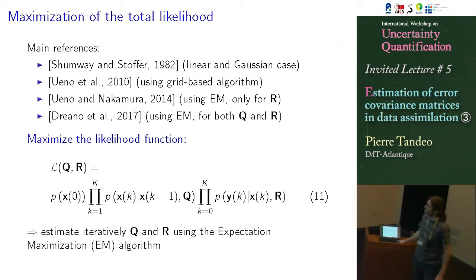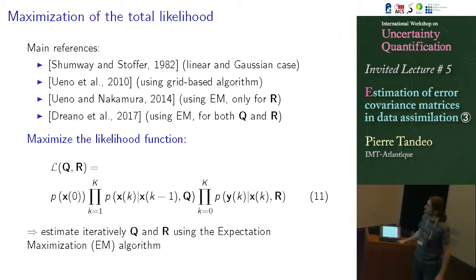In our case, we are in a nonlinear and Gaussian setting, and you have these three main papers dealing with nonlinearity with chaotic models, trying to estimate Q and R when we use a chaotic dynamic. There are different algorithms to solve this problem. If you are a statistician or mathematician, you can use a direct optimization of this function, based on the Quasi-Newton algorithm.